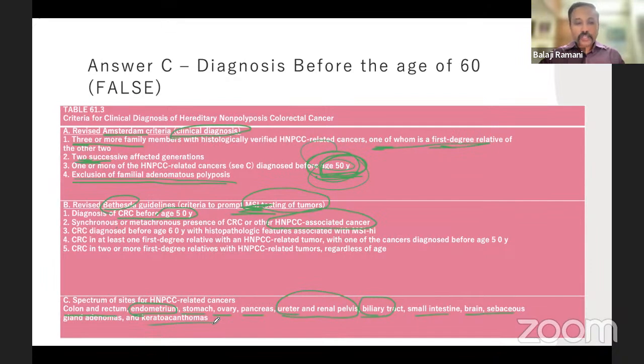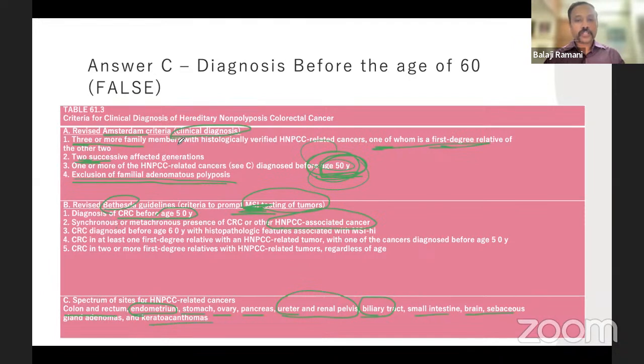Okay, so all of this can be a part of your HNPCC, and in this we have to use both the Amsterdam criteria and the Bethesda criteria. Remember, Bethesda criteria is going to be used for MSI testing, whereas your Amsterdam criteria will be used for the clinical diagnosis. Again, to stress the 1, 2, 3 rule: 1 should be a first degree relative of the other 2, 2 successive generations are going to be involved, and 3 family members are affected.